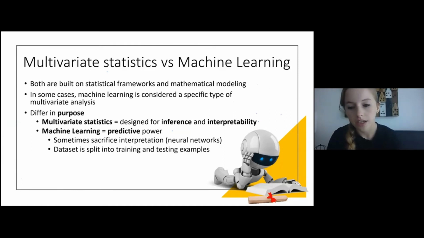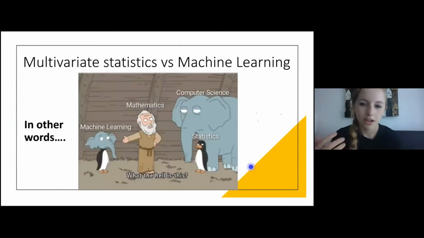On the other hand, machine learning really puts its focus on predictive power of its models, and this can lead to a sacrifice in terms of how interpretable those models are. In other words, they're similar in many ways, but they do quite obviously differ based on how techniques from other fields might be incorporated.